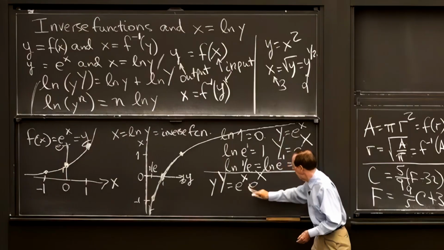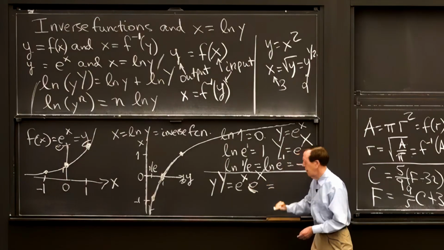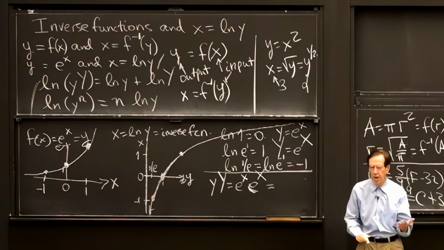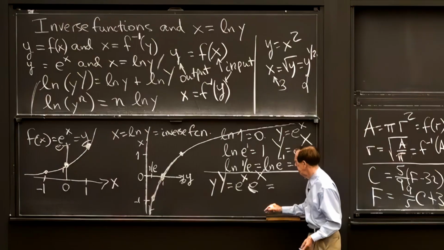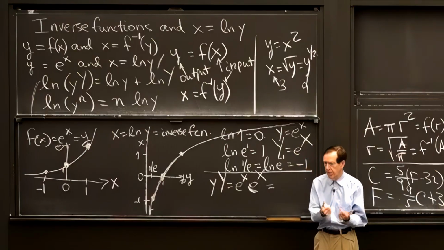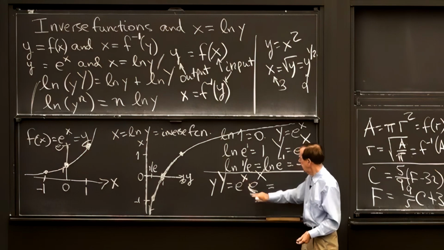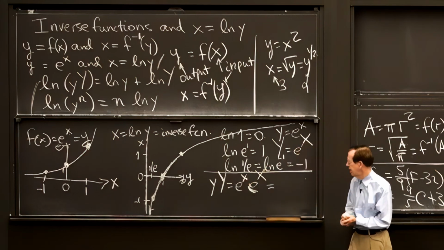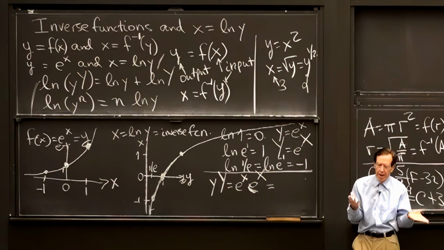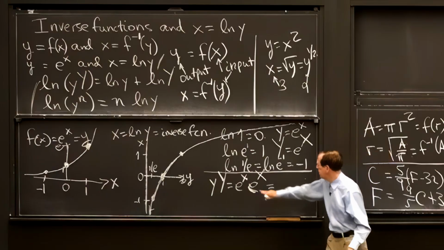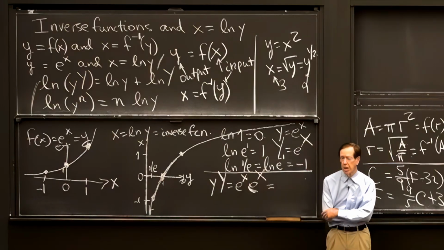Okay, now we're ready to use the crucial property of the exponential curve. What is, I'm asking you because you have to know this, what is e to the x times e to the capital X? Suppose x was 2 and capital X was 3.